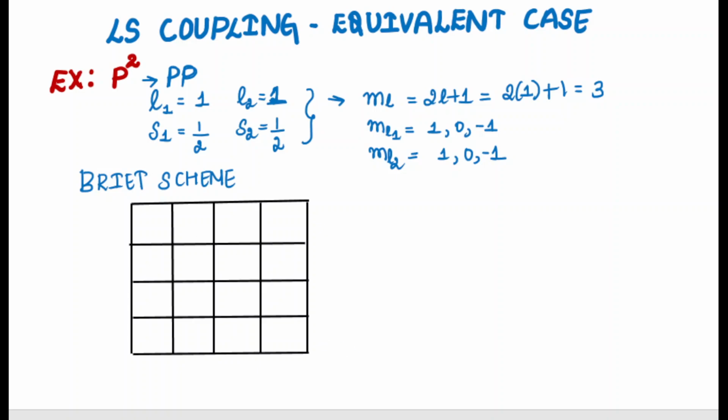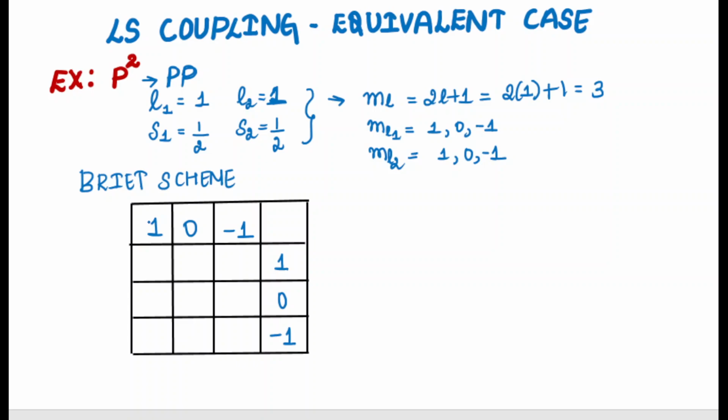I'm taking the values here to be 1, 0 and minus 1. Here let me leave it empty. Here it has 1, 0, minus 1. These are the values of ml2, and these are the values of ml1. Now let us solve the problem.